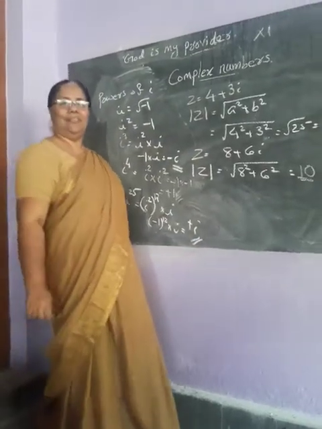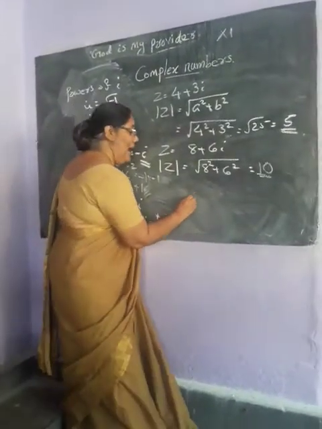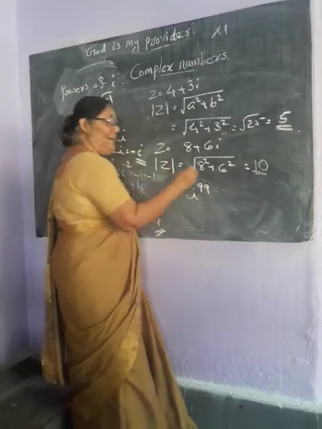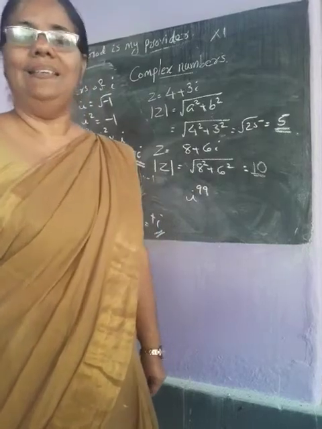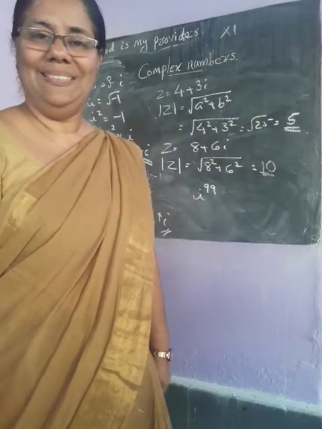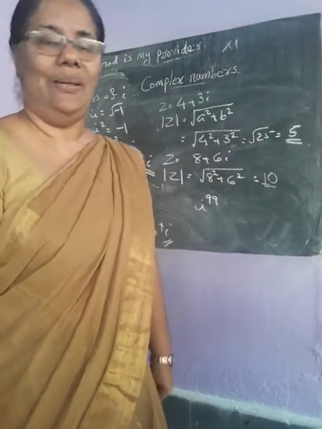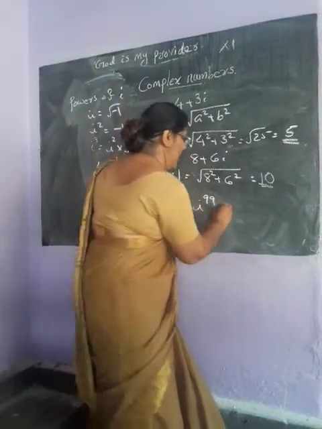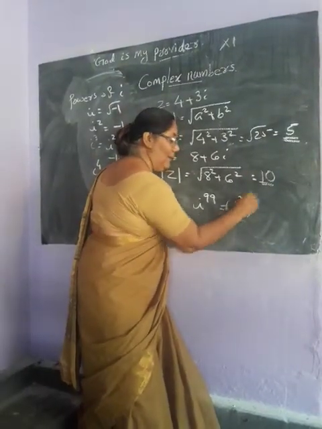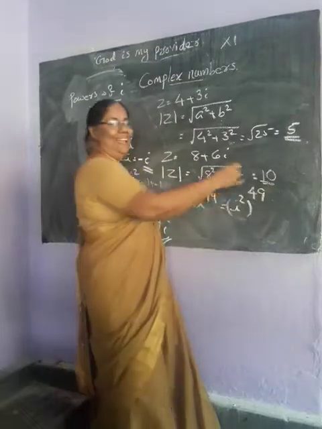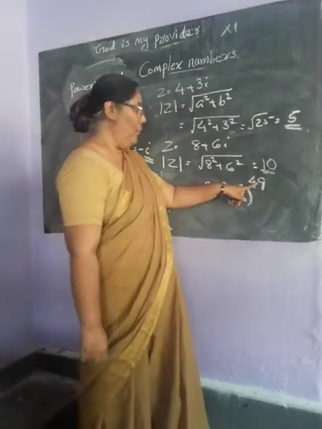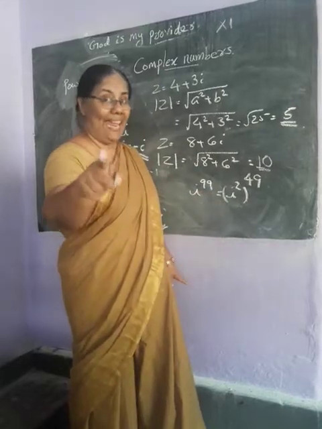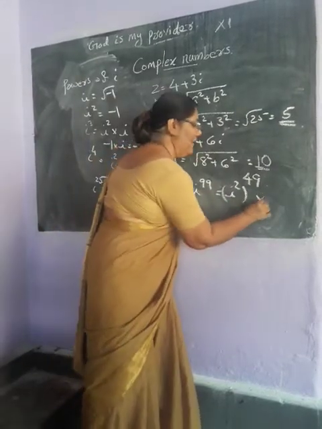Then one more question. How can you write i raised to 99? i square raised to which power? Say the answer. i square raised to 49. Very good. 2 49s are 98. One more i is there.